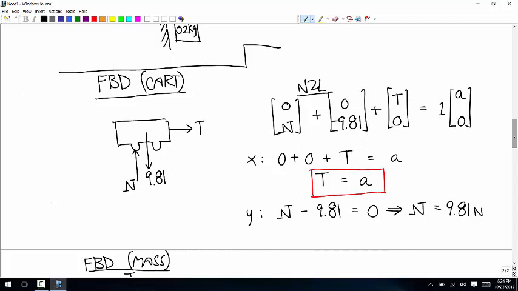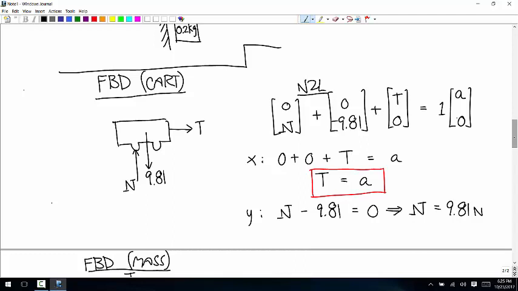And we already figured out that if the cart's accelerating to the right, say 1, 0, the hanging mass has to accelerate down with a magnitude of 1. So if the cart has an acceleration of a, 0, what would be the acceleration of the hanging mass? 0, negative a.